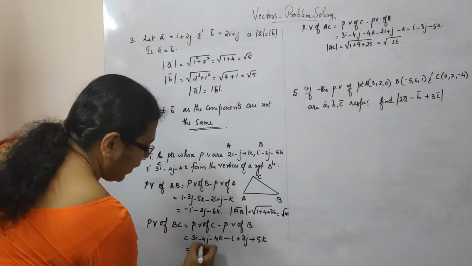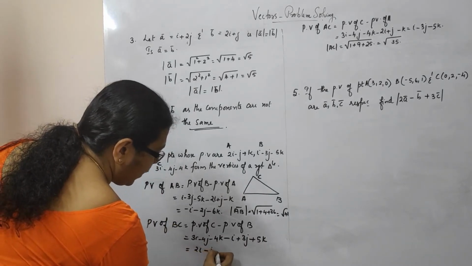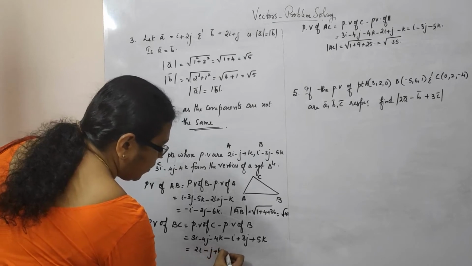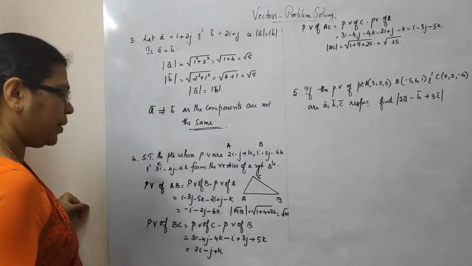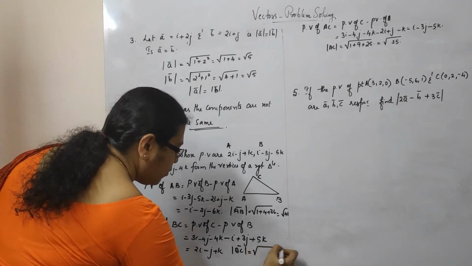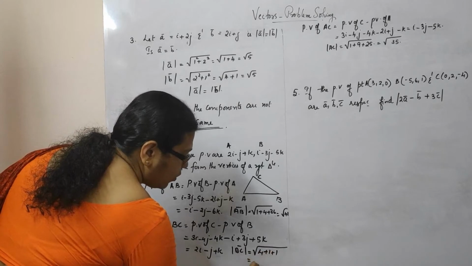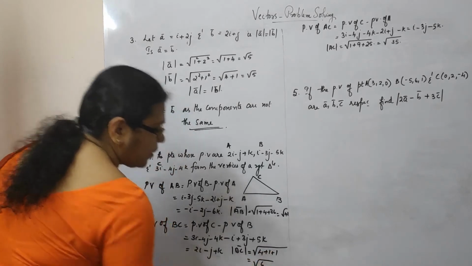What do I get? 3i minus i, 2i, minus j, plus k. So this is the position vector of BC. Now what is the magnitude of BC? It is root of 2 squared, 4, plus 1 plus 1. That is root of 6.